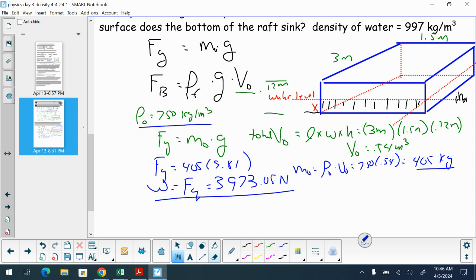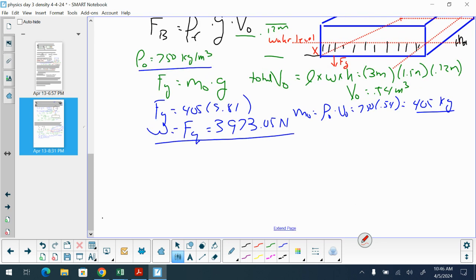So that is the pull of this object with the force of gravity. Our buoyant force is once again density of the fluid times gravity times the volume of the object that is submerged.